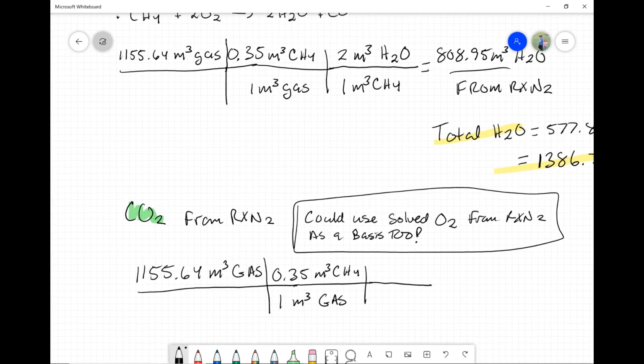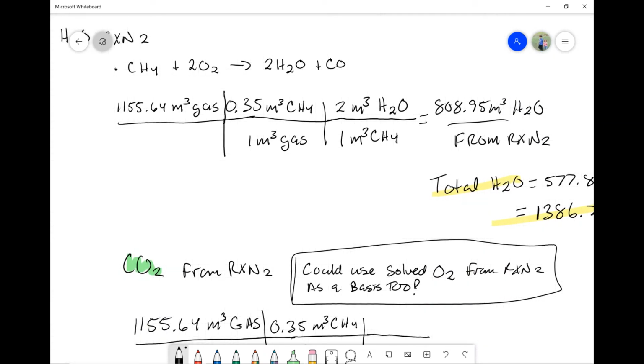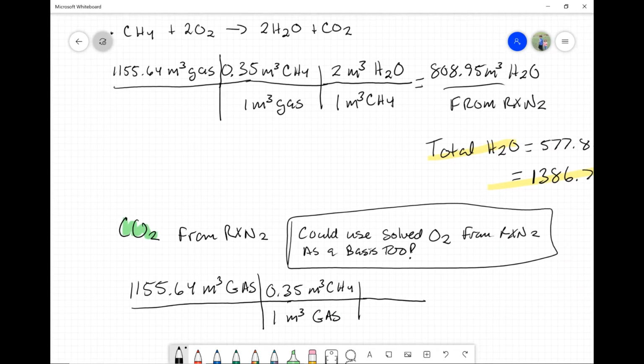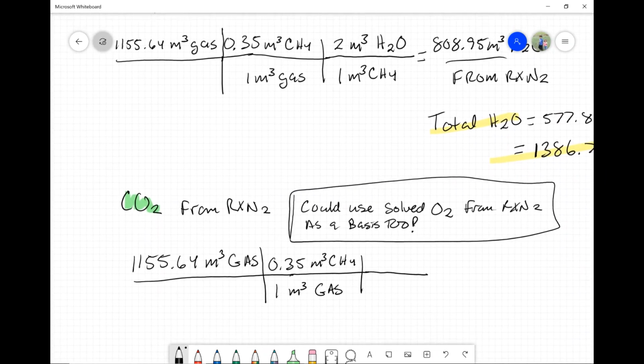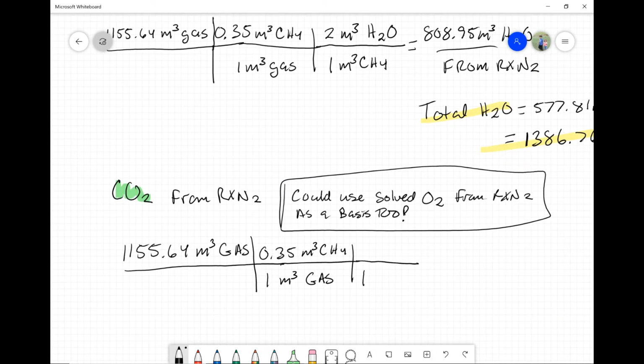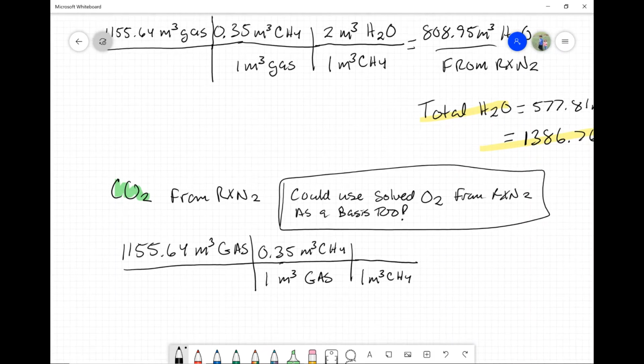And by stoichiometry, man, that was a mistake. I think it had been there the whole time. CO2, my apologies. It's a 1-to-1 ratio, so there's 1 cubic meter CH4 per 1 cubic meter of CO2.